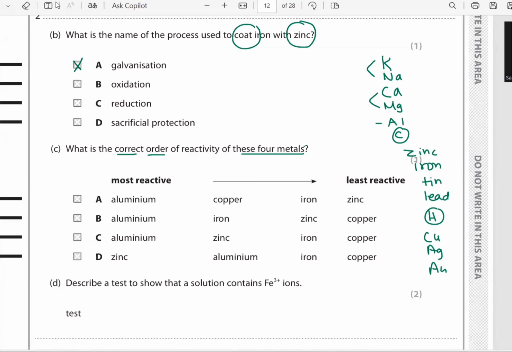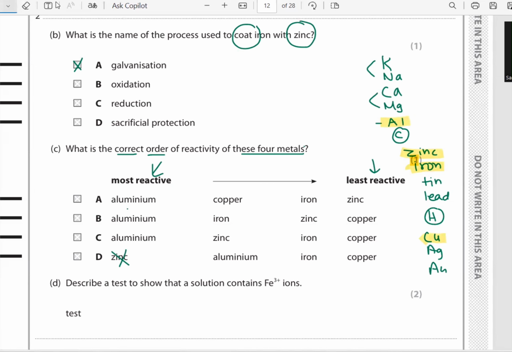So we will spot the question metals. Aluminium is here, zinc is here, iron is here, and copper is the least reactive metal here. We can easily put them in order, but remember they are asking most to least reactive. The most reactive is aluminium, so let's cancel the zinc option.